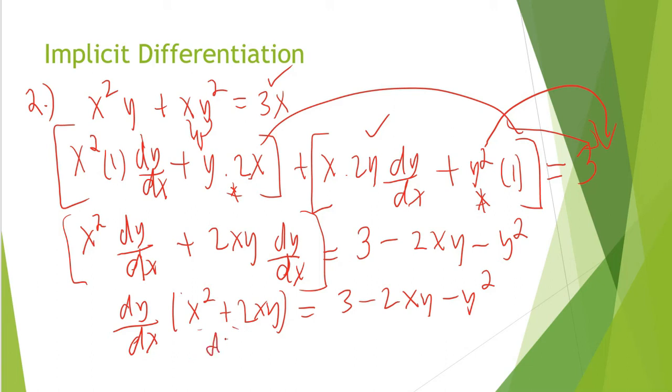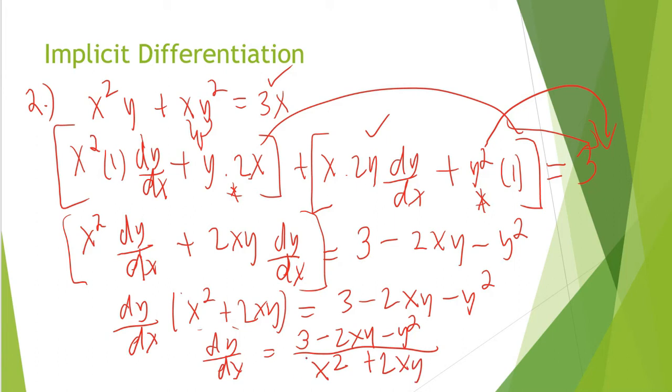So we have dy over dx equals 3 minus 2xy minus y squared over x squared plus 2xy. Okay, this can't be simplified any further, so the final answer is this one.